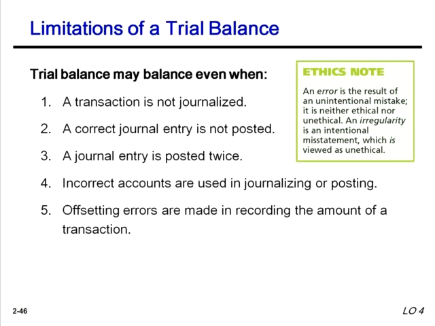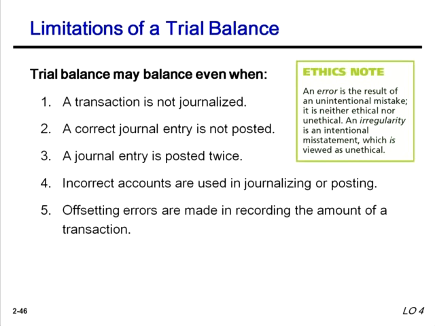And here are the limitations. We can have debits equal credits, but we may have not journalized a transaction, or there may have been a journal entry that we recorded but we never posted, or we posted a journal entry twice, or we recorded or journalized a transaction at incorrect amounts.